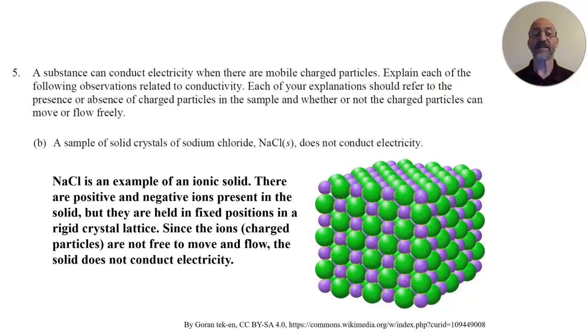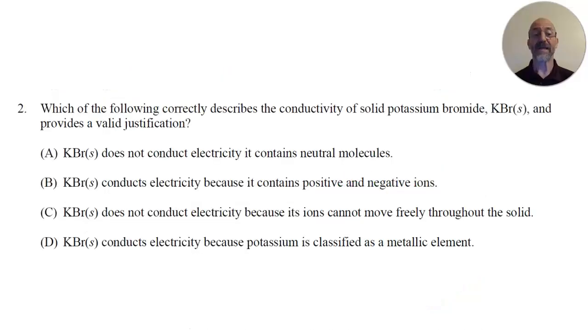There are positive and negative ions present in the solid, but they are held in fixed positions in a rigid crystal lattice. Since the ions, or these charged particles, are not free to move and flow, solid ionic compounds do not conduct electricity. So now we're looking here in question 2 for an answer that says does not conduct electricity.